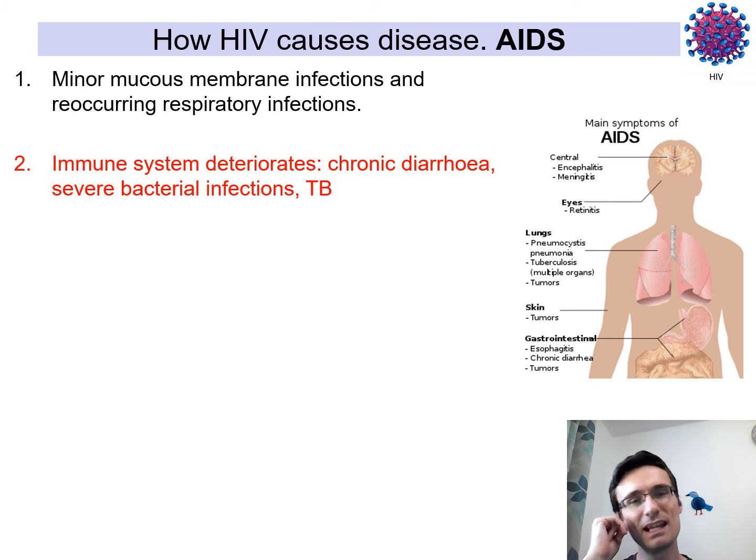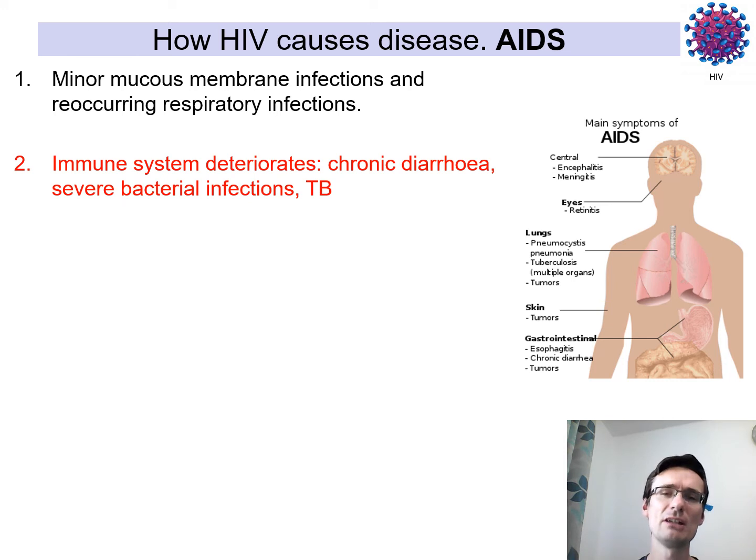Then the immune system continues to deteriorate, so you might have chronic diarrhea, severe bacterial infections, such as TB, and that's obviously a key issue. If you remember, we've said that 2/3 of the world population have TB, but only 10% of it ever becomes active.